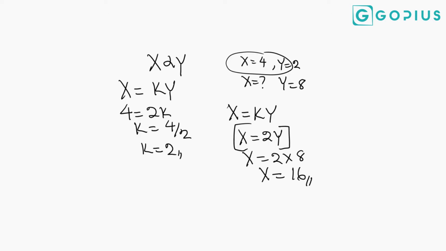Very simple. Now what I want you to observe is that in direct variation, an increase in any quantity leads to a corresponding increase in the other, and a decrease in a particular variable will also lead to a corresponding decrease in the other variable. What you can notice here is that x started as 4 when y was 2, and at a point y increased from 2 to 8, and x has also increased from 4 to 16.